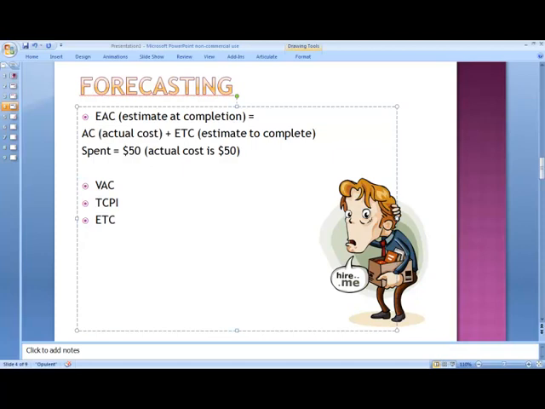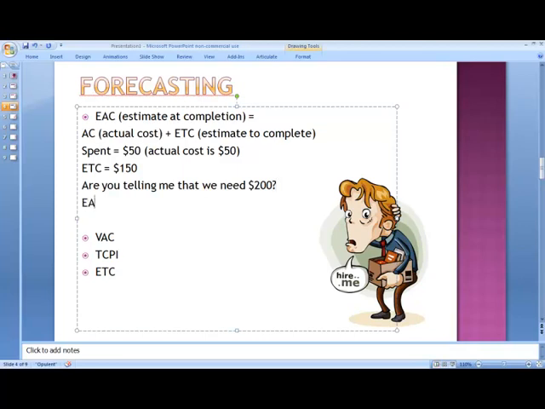And let's say your boss comes to you and says, how much more money do you need to get this project done? I know you spent $50. How much more money do you need? That's when you're going to tell him, our estimate to complete, which is how much more money we need, is $150. Your boss is going to say, okay, so are you telling me that we need $200? You're going to be like, yeah, that's what I'm telling you.